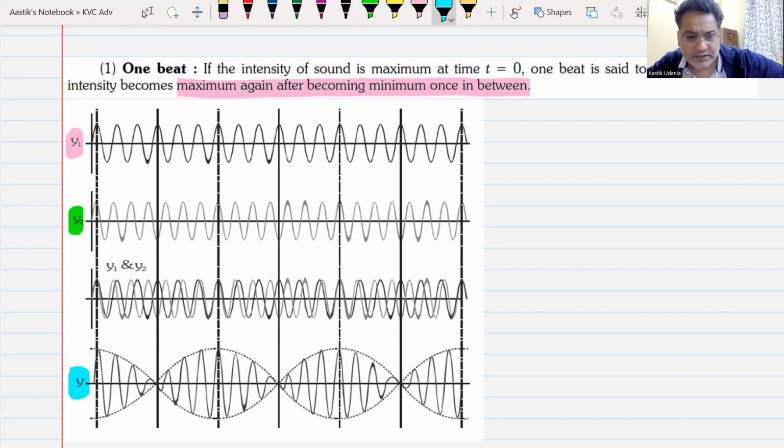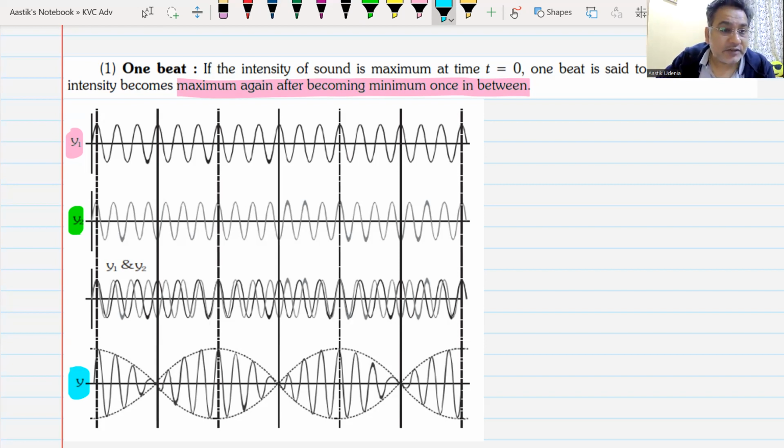And this is a beat. The distance from one maxima to the next maxima we call one beat. Do we understand this? This is just for you to understand. There is no point of writing anything.